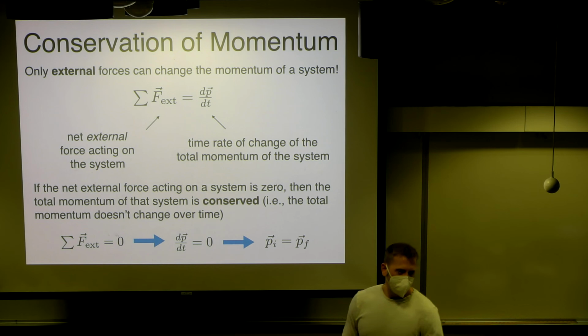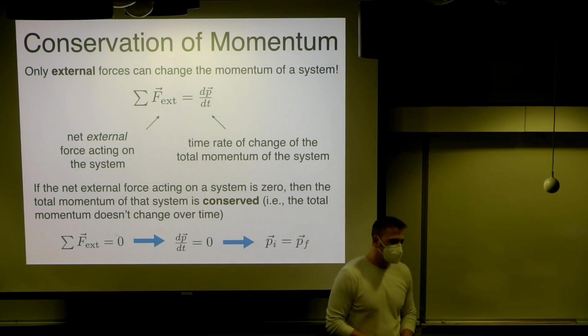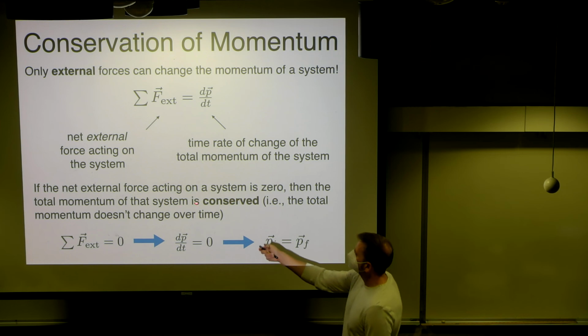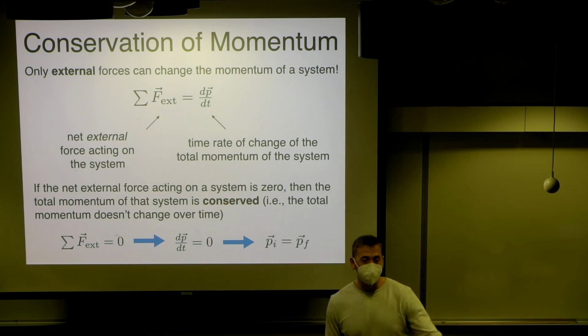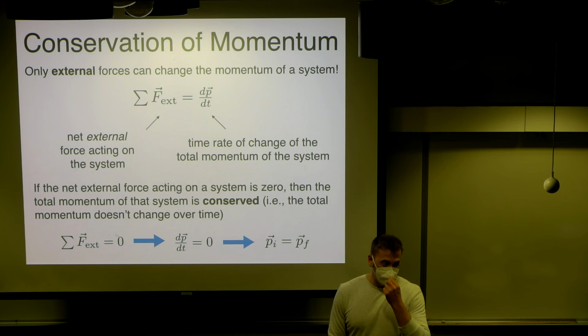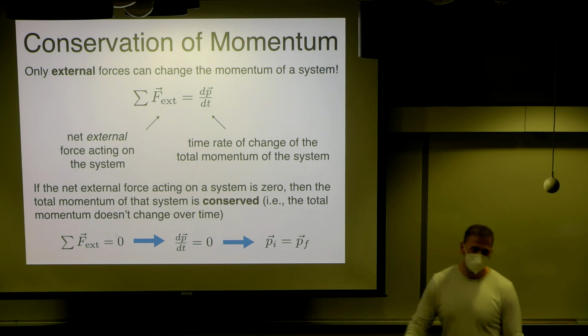You guys know from calculus what it means when you have the derivative of something and it equals 0? That means it's a constant. In other words, it means momentum is conserved. P, momentum, is not changing over time. It's a constant. Again, that's only true if the external forces add to 0, but if that is the case, then we get conservation of momentum.